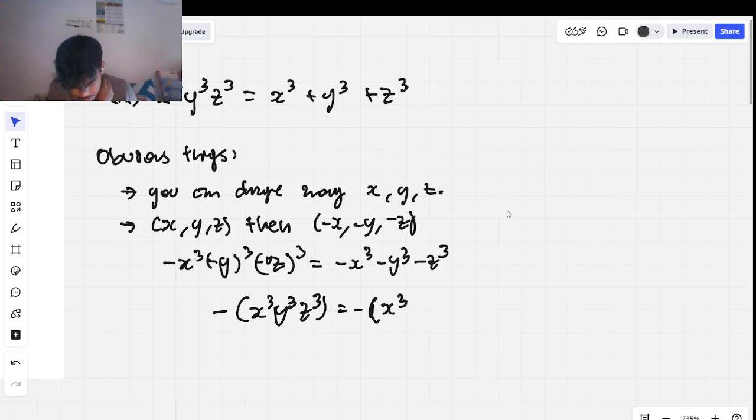x cubed plus y cubed plus z cubed, and these minuses cancel out, and we get back to our original statement. Asterisk. What else can I say?